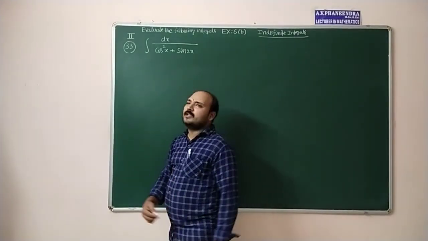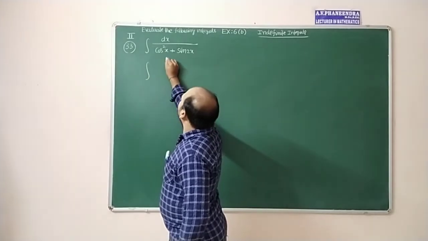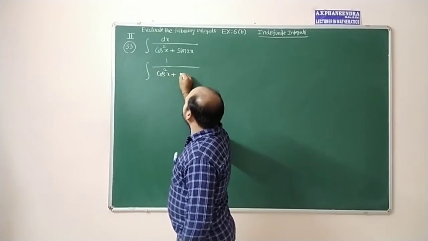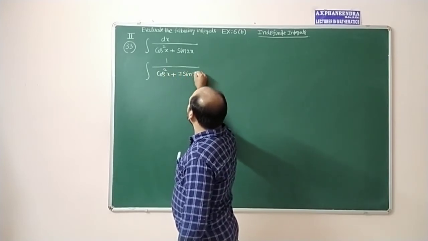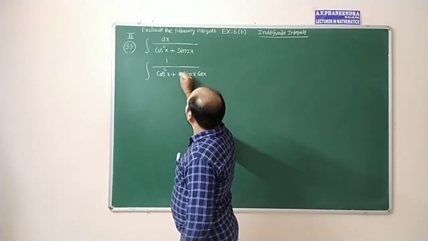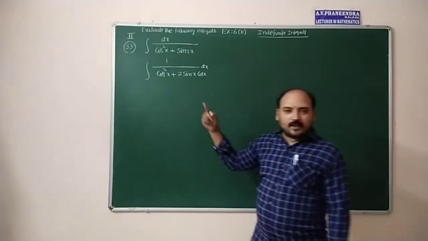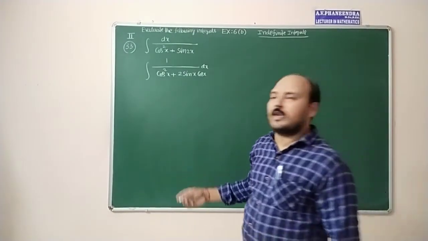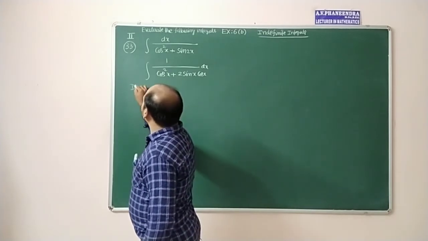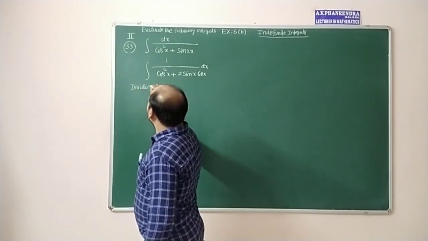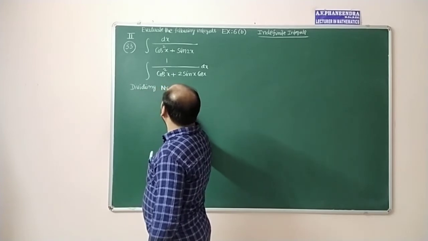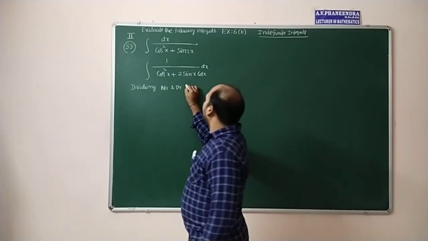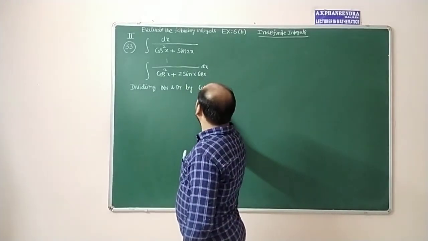So first, integral 1 by cos square x plus sin 2x; you have to write the formula 2 sin x into cos x into dx. After writing in terms of the formula, divide numerator and denominator by cos square x.